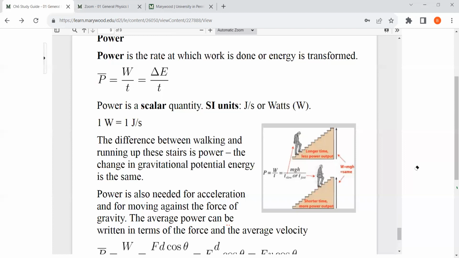Now here the change in energy could be just the change in potential energy, or just the change in kinetic energy, or it could be both.